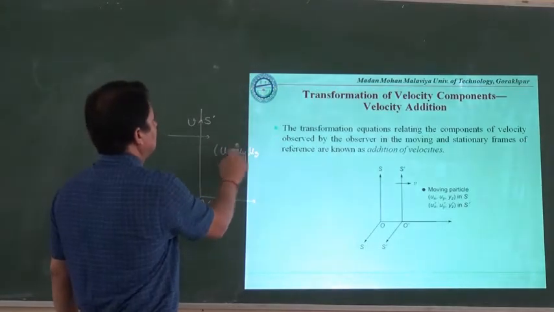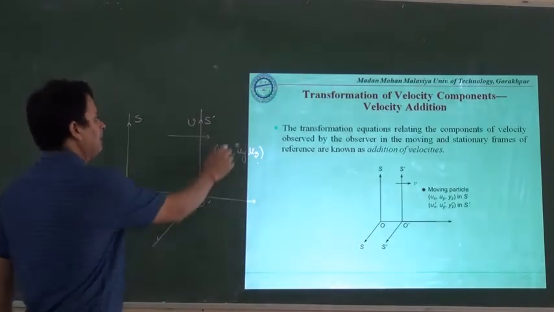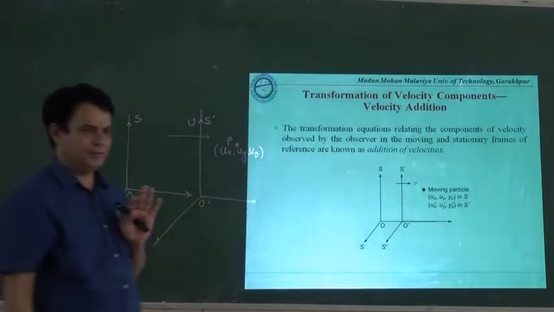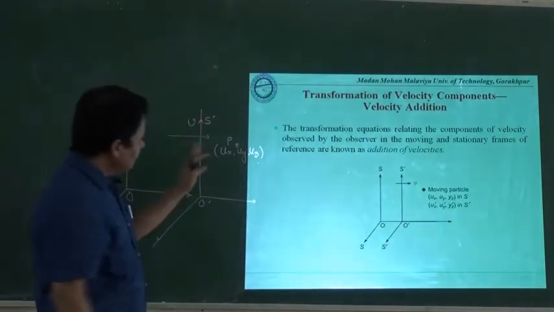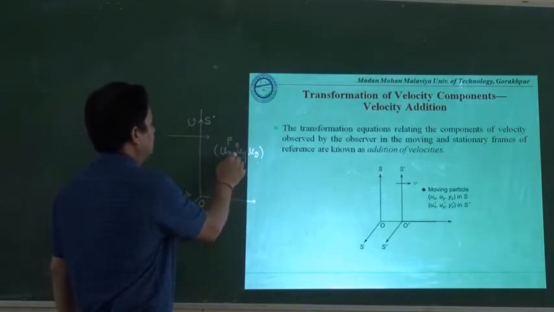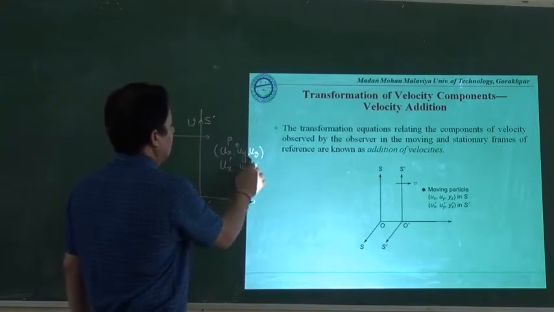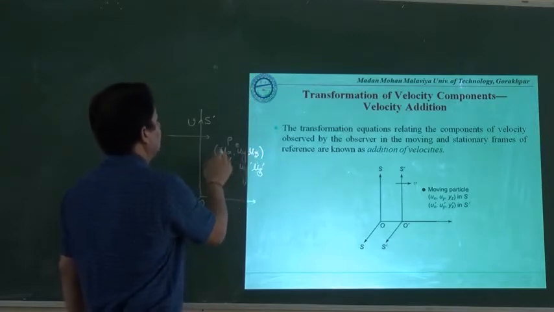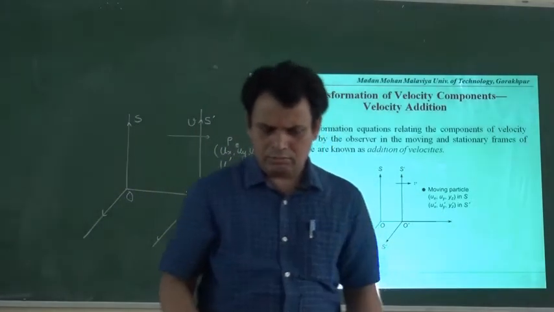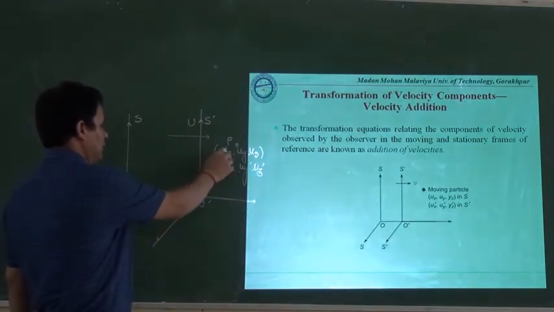These are the three components of velocity of this particle P observed by the observer in the static frame of reference. Now if the same thing is observed by the observer O dash, then this will be Ux dash, Uy dash and Uz dash. In this particular theorem, we have to discuss what will be the relation between these two sets of components.